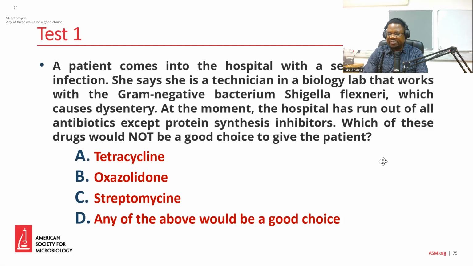She says she is a technician in a biology lab that works with the gram-negative bacterium Shigella flexneri, which causes dysentery. So we know that this patient is a technician in a lab, and she is mainly involved in work that deals with Shigella flexneri. And Shigella flexneri is a pathogen that causes dysentery.